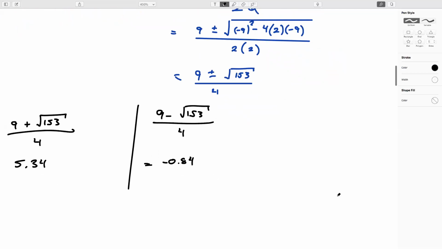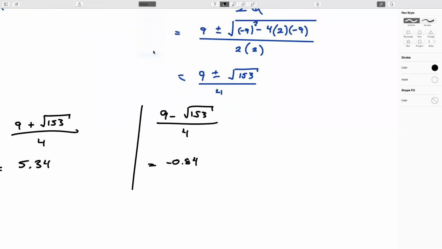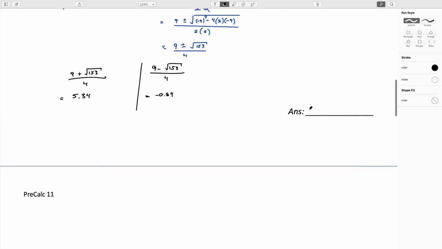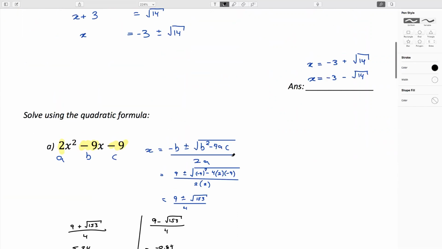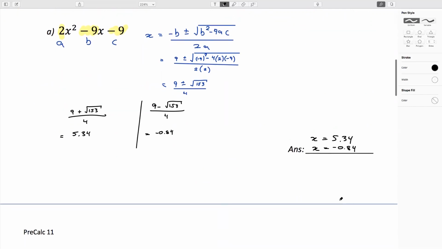So those are our 2 answers. x equals 5.34 or x equals negative 0.84. We can then take this number, plug it in for x squared and x, and this will equal 0 when it's all said and done.